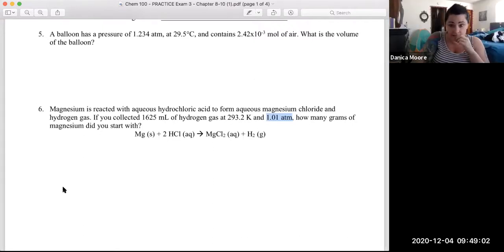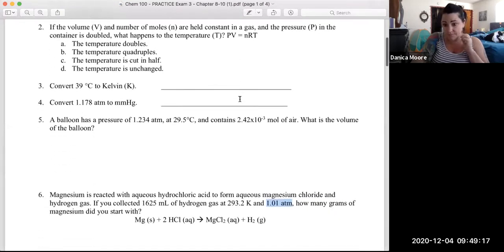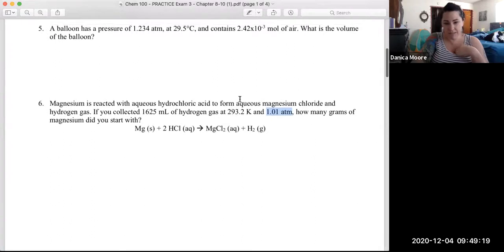PV equals nRT. Everybody with me there? You've never seen pressure given in a problem that you didn't need the ideal gas law for, right? So if you see a pressure, that's a good indication that you're going to need PV equals nRT. Does that make sense? Same with temperature, right? There's no reason to give temperature in a reaction that doesn't involve PV equals nRT.